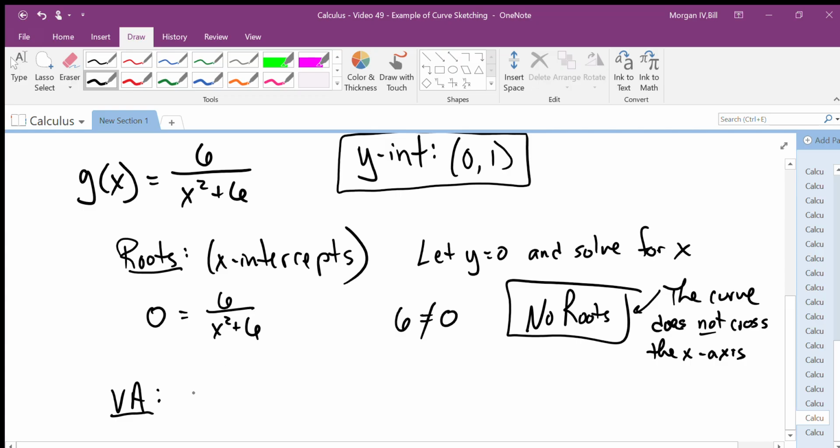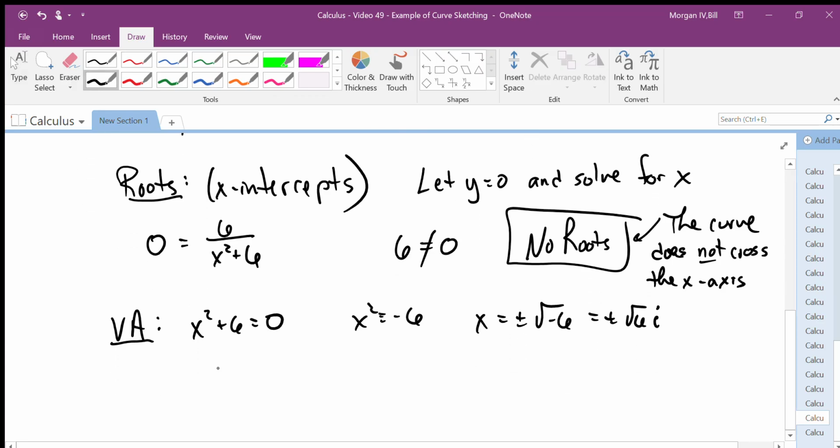So that's going to occur whenever my denominator is equal to 0, which occurs when x squared is equal to negative 6, which doesn't happen. I mean, if you want, you can say that occurs when x is equal to plus or minus the square root of negative 6, but that's plus or minus root 6 i, which is imaginary. That's not a real number. Therefore, no vertical asymptotes.